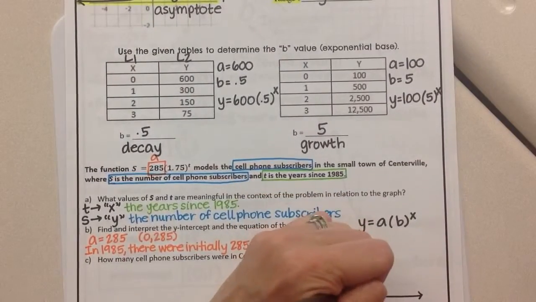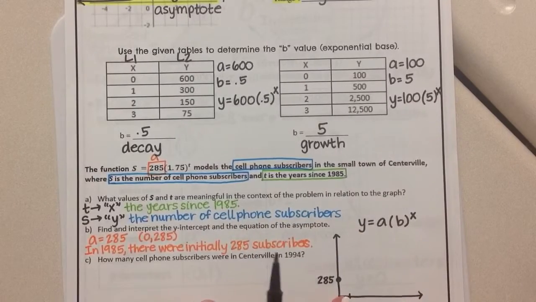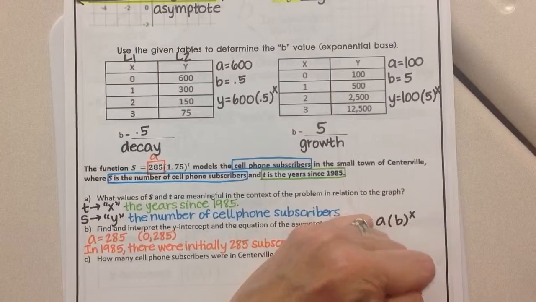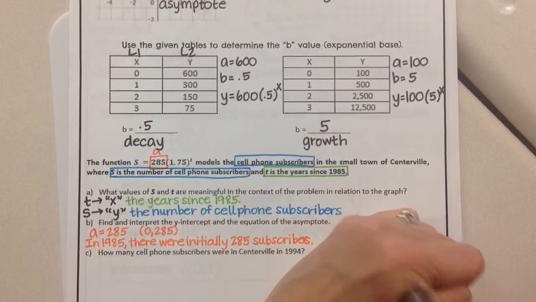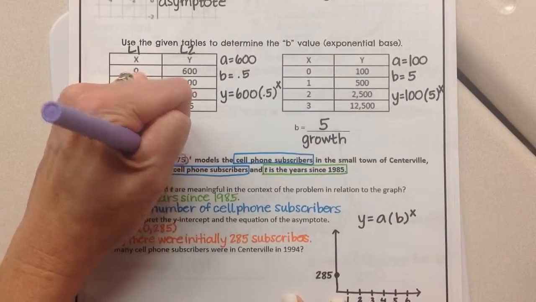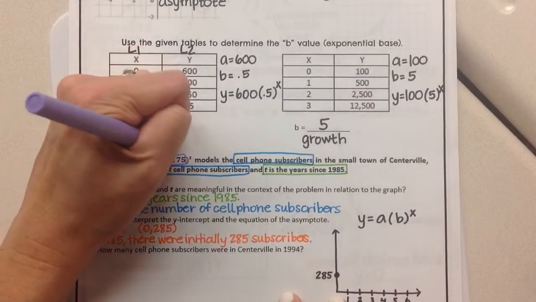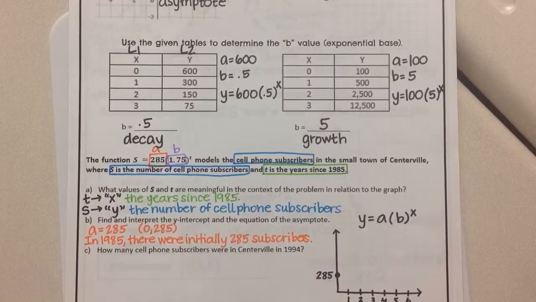So I've got to think, if this is 1 year since 1985, and this is 2 years since 1985, and 3 years, and 4 years, and so on, 5 years, 6 years since 1985, what's happening to the number of cell phone subscribers? Well, if I look at my b value, it's telling me that it is bigger than 1, so this is going to be a growth.